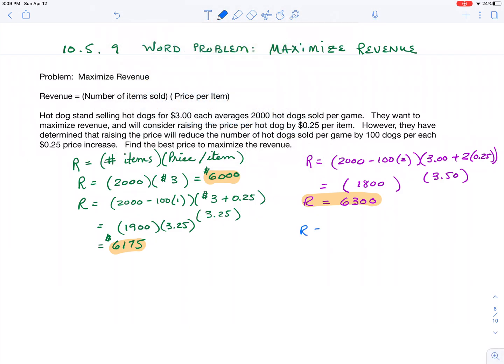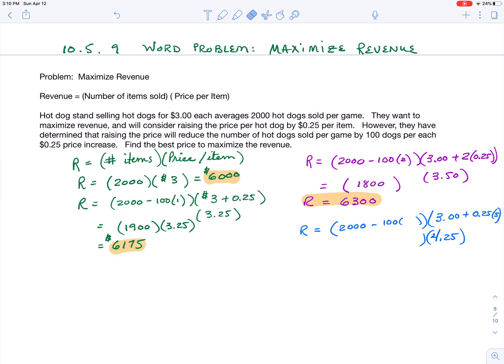Let's say they take this $3 and they increase it by 25 cents 5 times. So that would be an increase of $1.25. That would bring this up to $4.25 per hot dog. What did I say? 5. I said 5, didn't I?